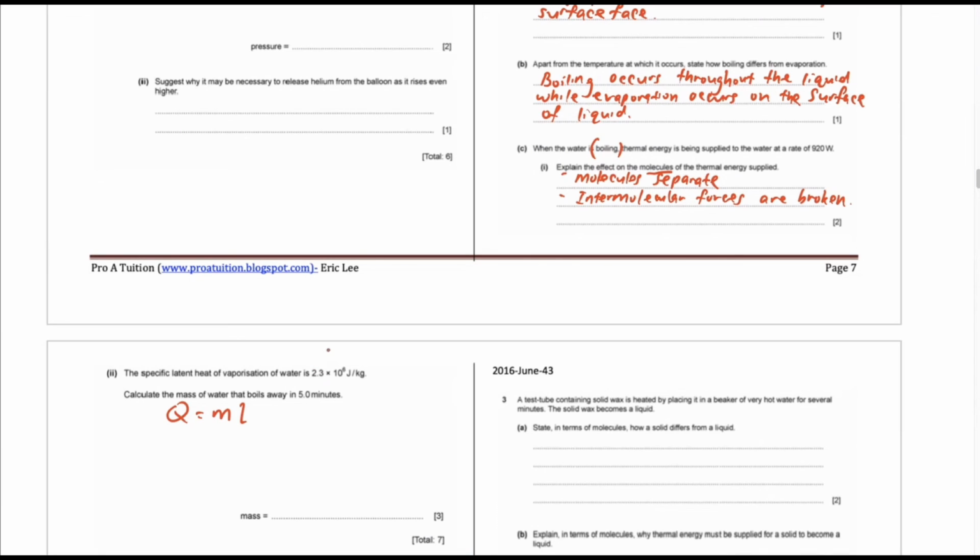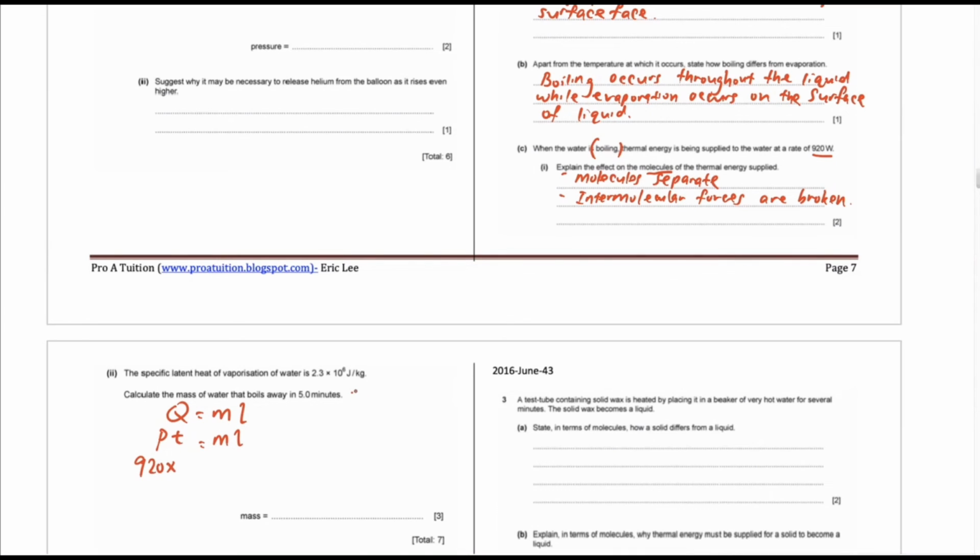So you boil the water by using this power, 920 watt. You have to know that the Q here is the heat energy. So the heat energy is power multiplied with time. Power multiplied with time equals mass times latent heat of vaporization. We are looking for the mass. Power is 920.